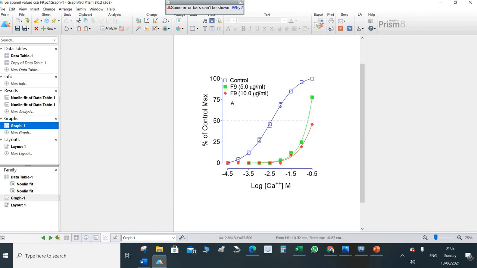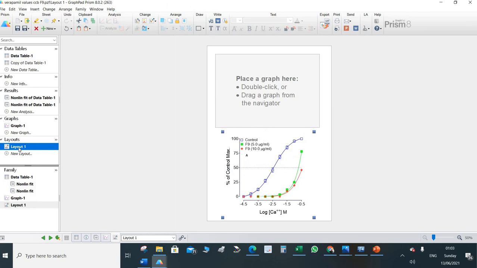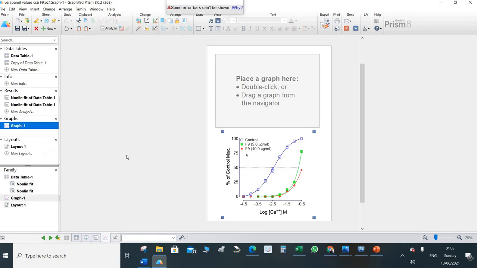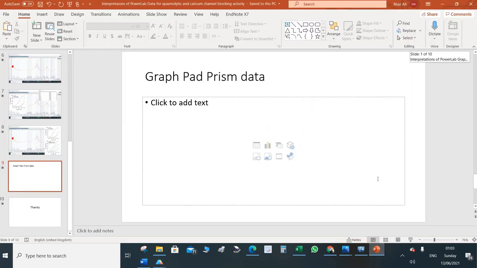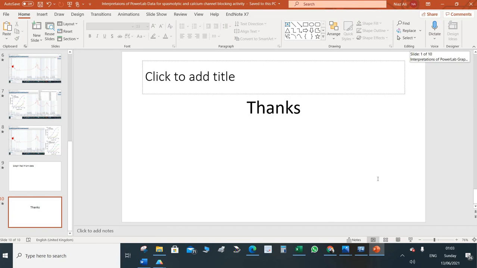For the F9 molecule, there is a right shift from the control curve to that of F9 in the presence of 5 microgram per ml, which resembles the curve of verapamil, a calcium channel blocking drug. So important is that I hope now you understand all these things. Okay?